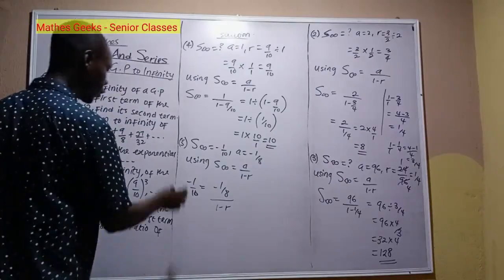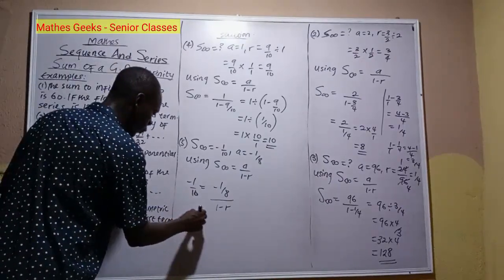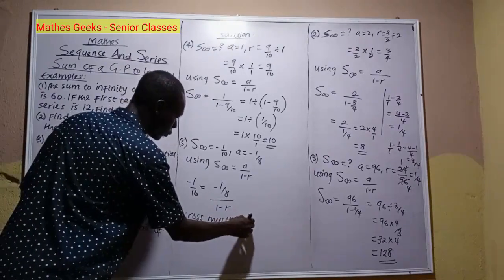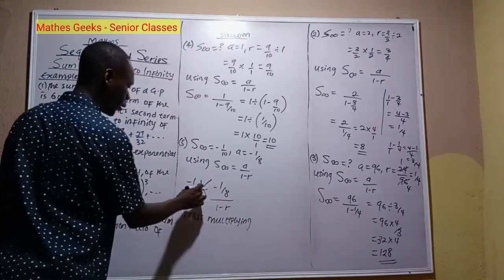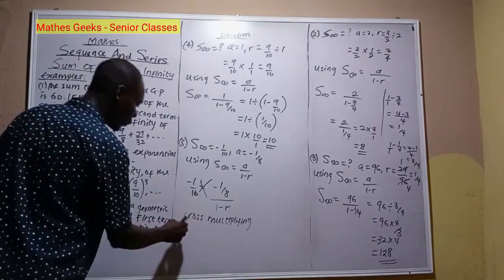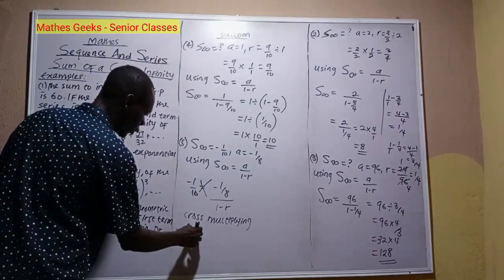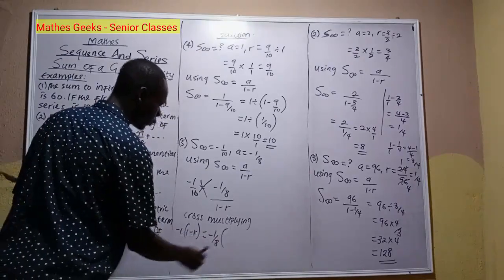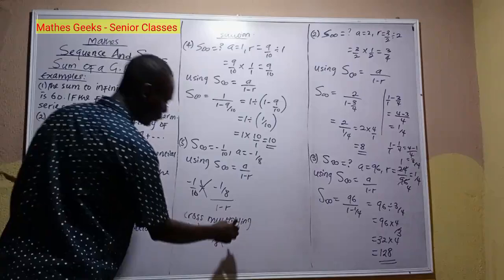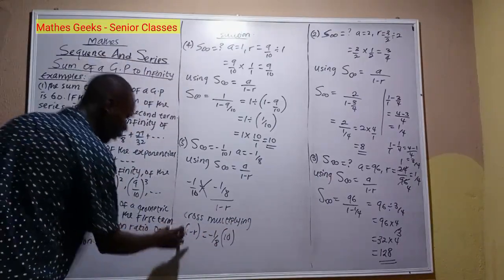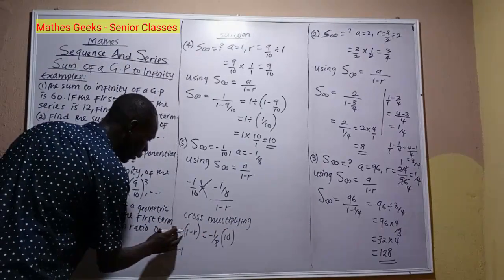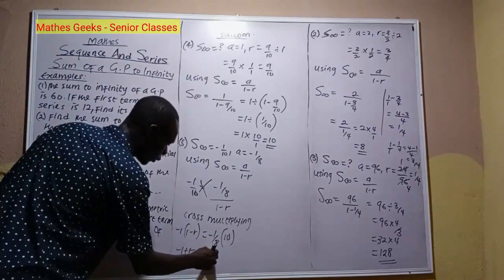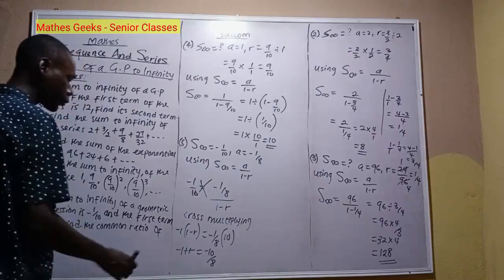Okay, so we're going to cross multiply. Minus 1 times 1 minus R is equal to minus 1 over 8 times 10. So minus 1 times 1 will give us minus 1, and minus 1 times minus R will give us plus R. That's equal to minus 10 over 8.